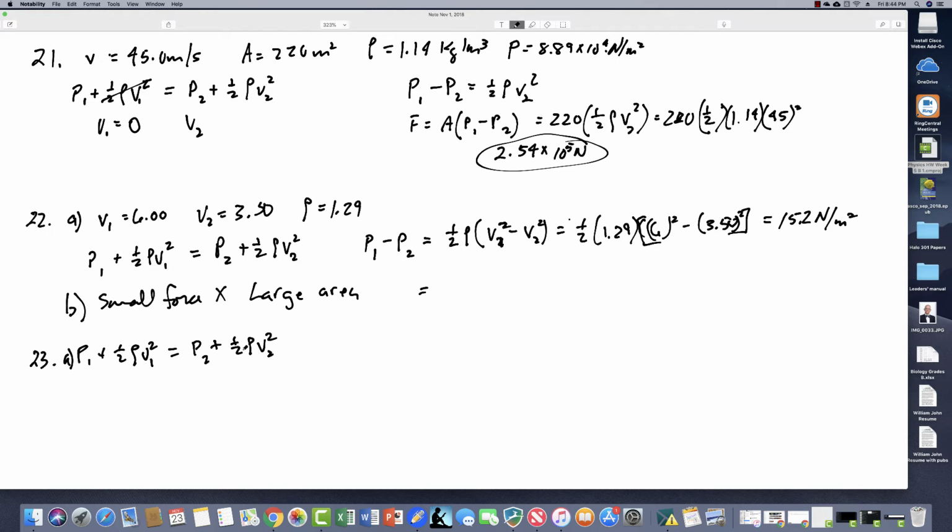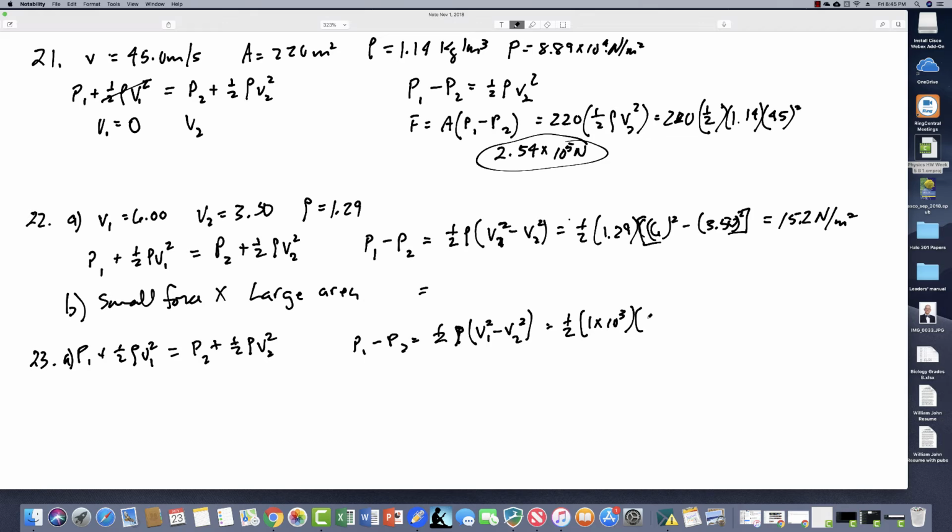And that means that P1 minus P2 is going to equal 1/2 rho times V1 squared minus V2 squared. And so that's going to equal 1/2 times, now 1 times 10 to the third is the rho for water.